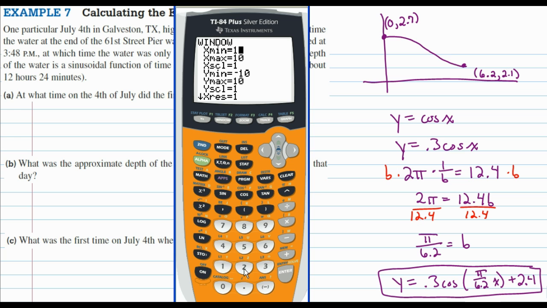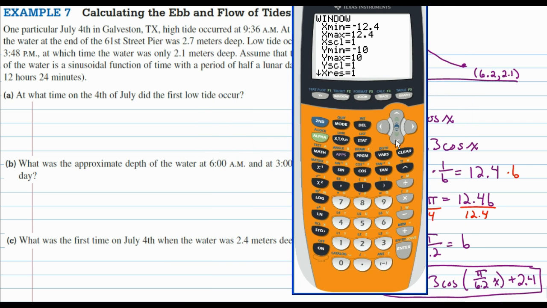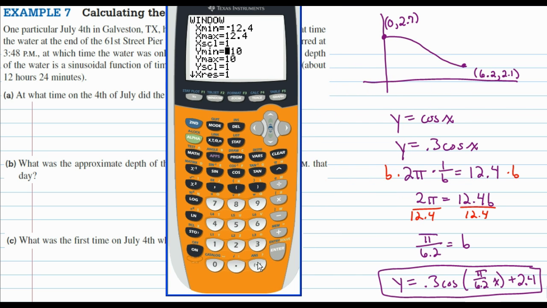So let's go negative 12.4 as my min, and then 12.4 as my max. So we're going to be looking a little bit at what happened before 9:36 in the morning. And then my y min, let's go with -1 just so I can have a frame of reference with the y-axis, and my y max only needs to go up to 2.7, so I'm going to go up to 4.